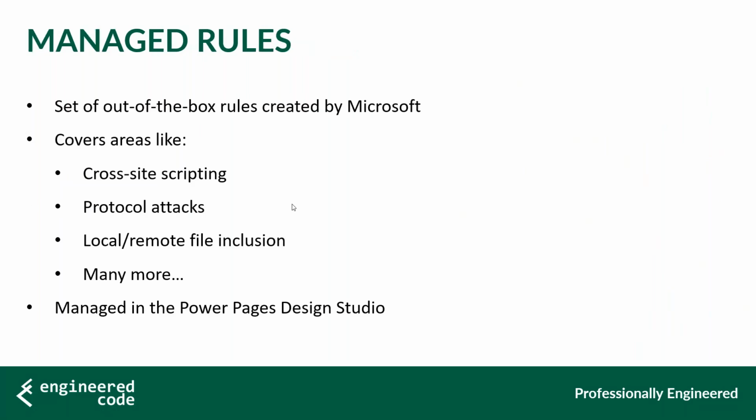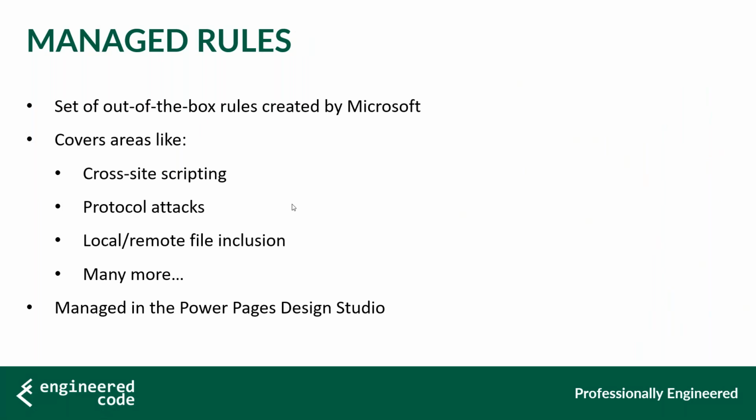So let's talk about these managed rules. These managed rules are a set of out-of-the-box rules created by Microsoft. Because this is really just the Azure Front Door product being used here, you'll see the rules that come from Azure Front Door. So it covers areas like cross-site scripting, protocol attacks, local/remote file inclusion, and many more.